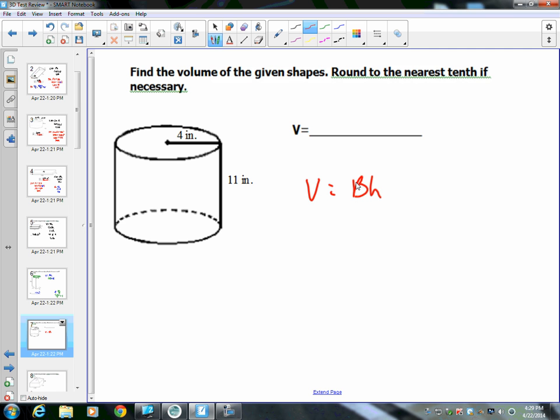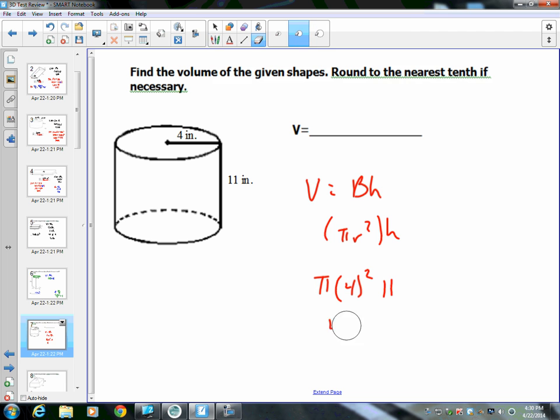So volume of a cylinder is big B times H, just like a prism is. Big B in this case is a circle, so the area of the base, area of a circle, is pi r squared. So our equation is actually pi r squared times the height. Radius is 4. We square that, r squared, and our height, distance between the two bases, is 11. 4 squared is 16.